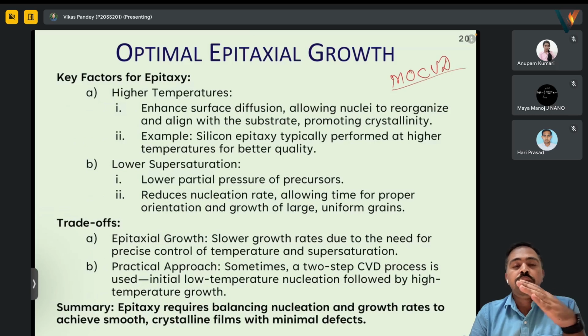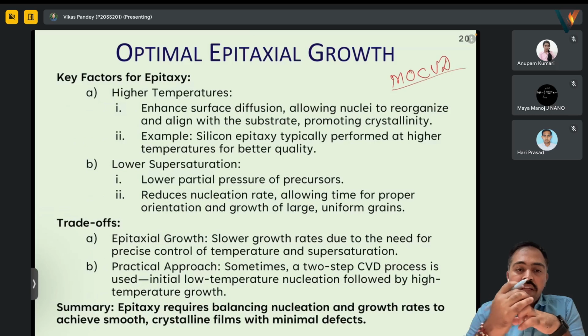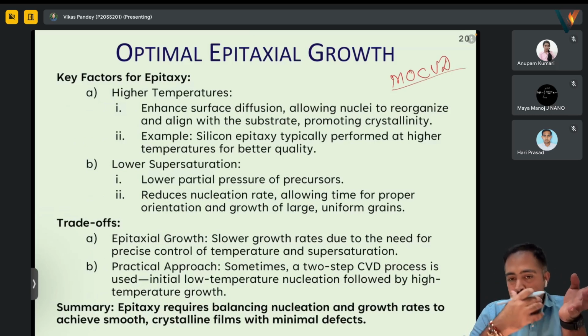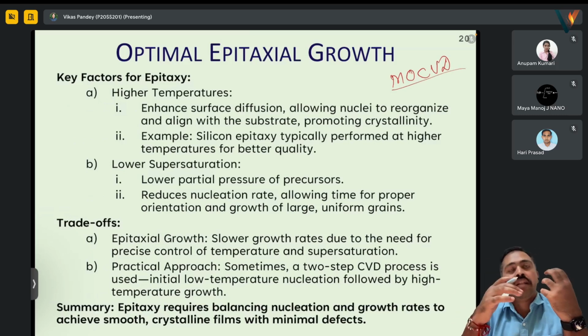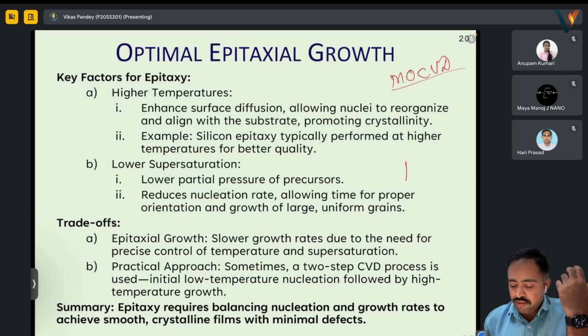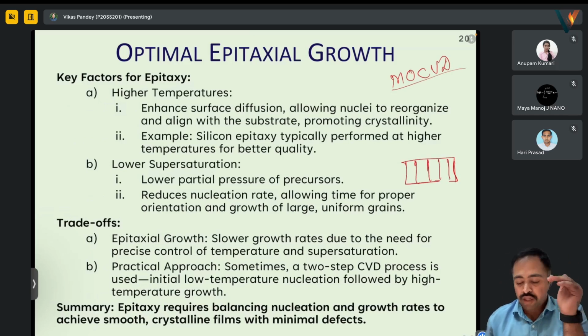This epitaxy will be used to deposit some crystalline material having the same crystallinity as the substrate. You can think of it as like we have a building, and then over it we have to make another building, and that also perfectly aligned over it.